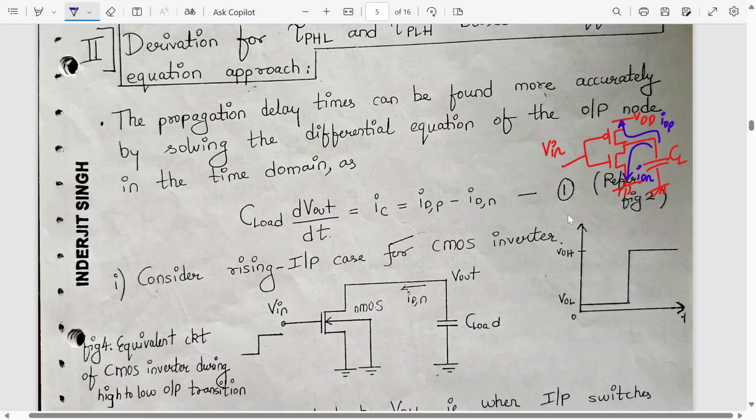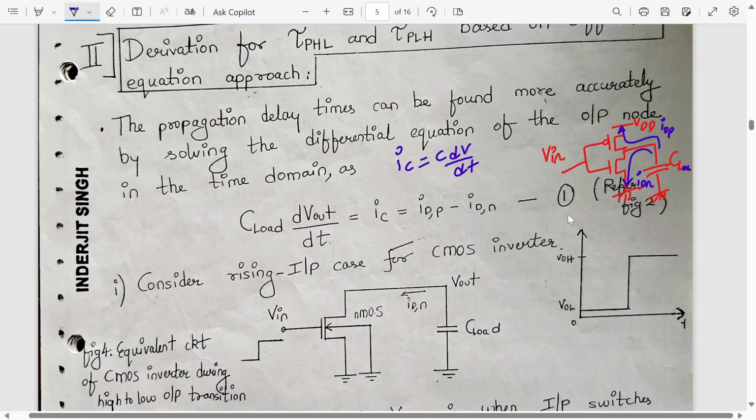Similar signs but opposite. So the charging current is given by C dV by dt. This is called C load, so C load dVout by dt is equal to IC.